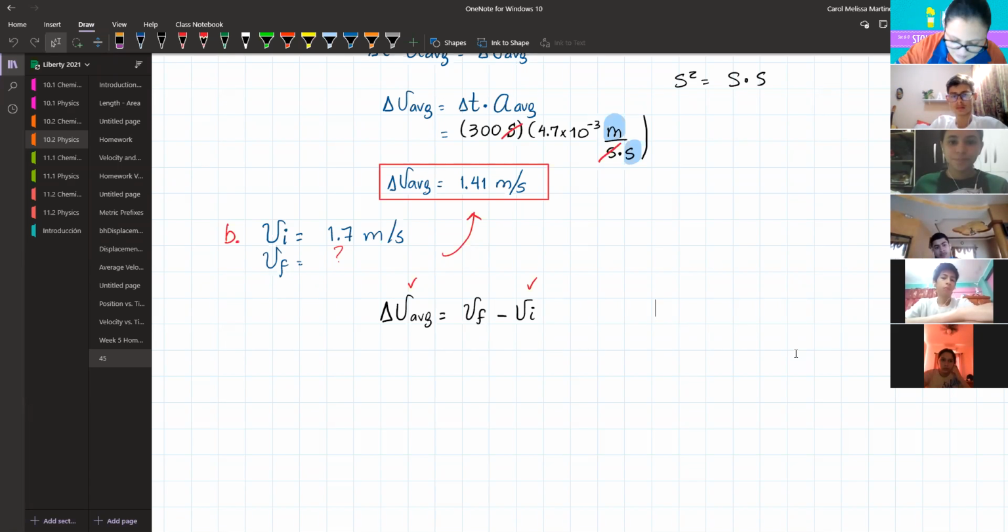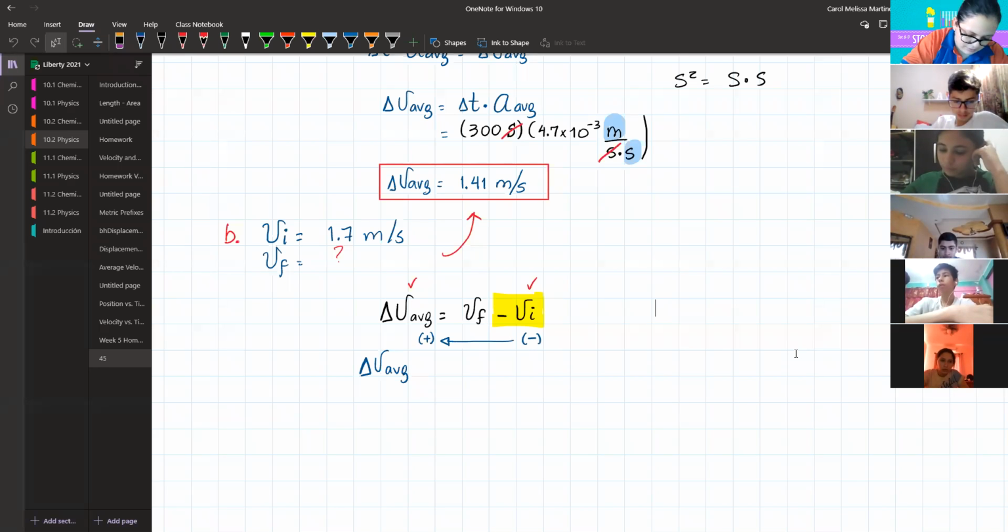If I need to isolate this initial velocity, what operation is it doing? Addition, subtraction, multiplication, or division? It is subtracting. When you move it to the other side of the equation, we'll be doing addition.